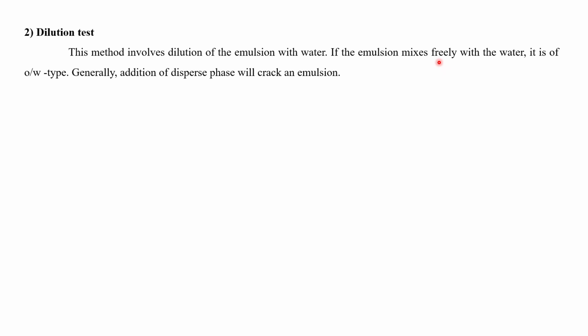If it is the other type, that means a water in oil emulsion in which oil is the continuous phase, there will be cracking seen in the emulsion. Since we are using water for dilution, O/W emulsions will be good in appearance, whereas water in oil emulsions show a problem called cracking of the emulsion.